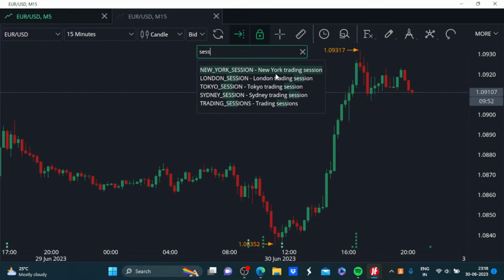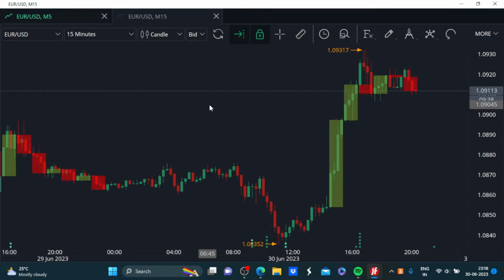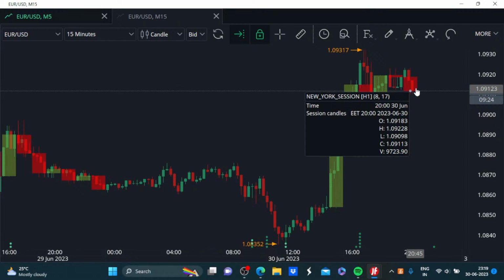If you go for this one, for example, you will see that the candles are highlighted only for the timing when the New York session is underway. Here we started off around 5 hours 45 minutes back.